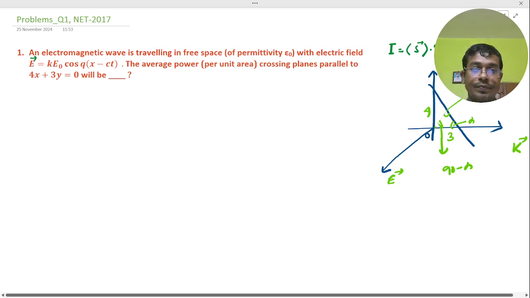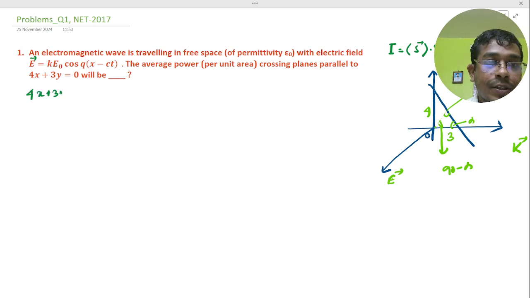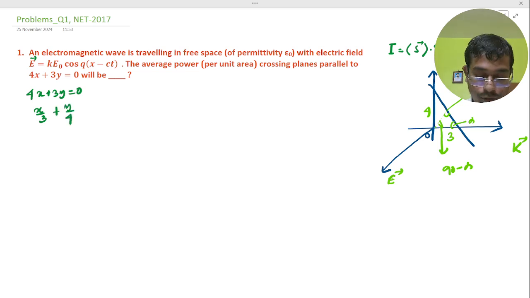So basically we try to solve here that 4x plus 3y is equal to 0. We should give the equation of a straight line: x by 3 plus y by 4 is equal to 0.